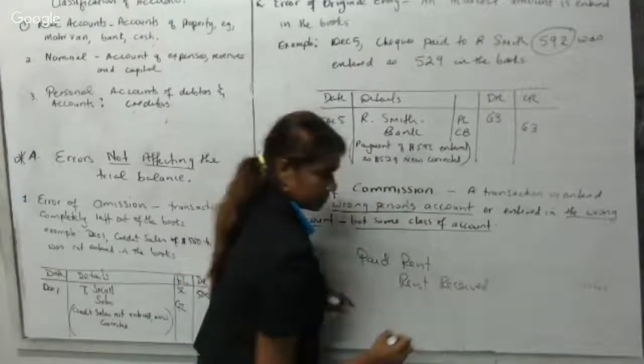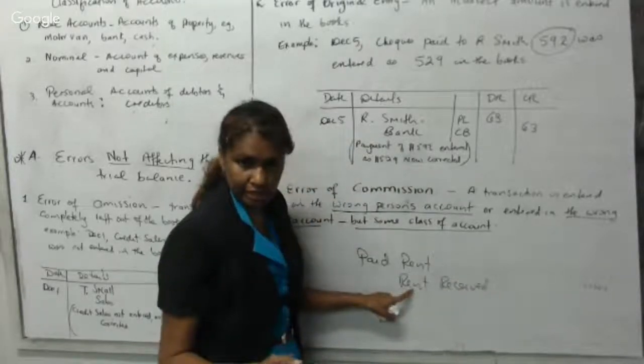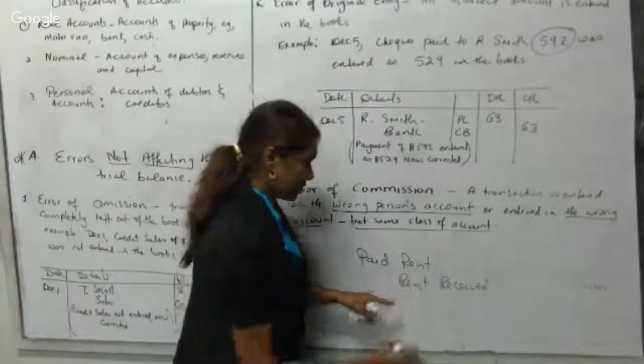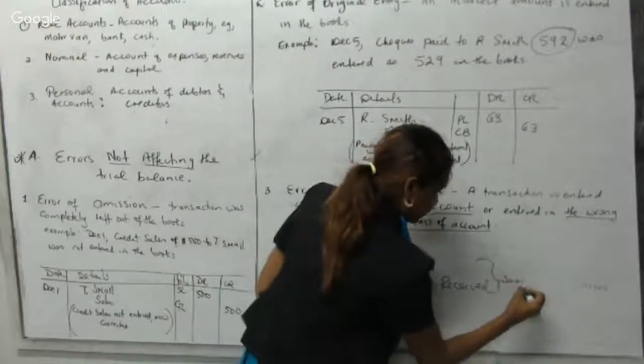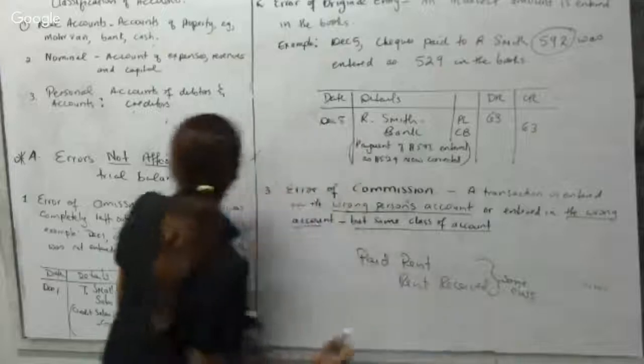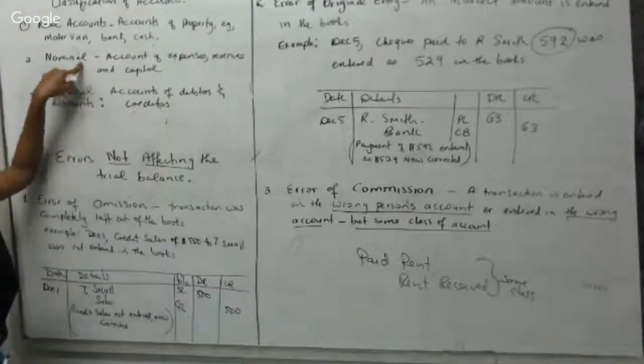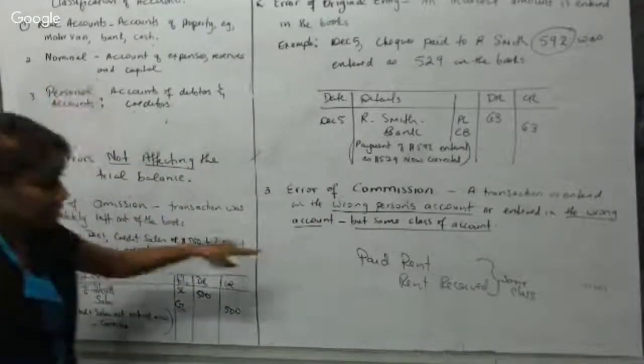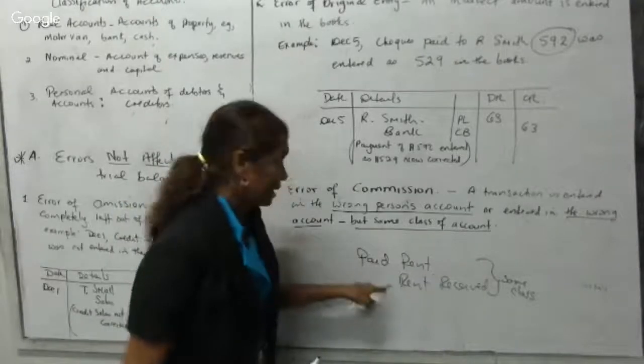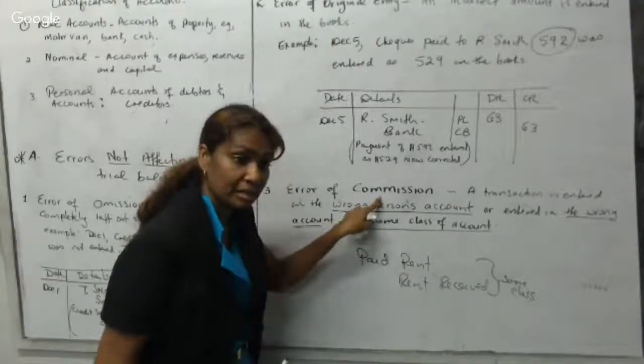That's wrong, yeah? It's entered into the wrong account. But guess what? They are within the same class because they are both nominal accounts. You understand? So this error is actually an error of commission as well.